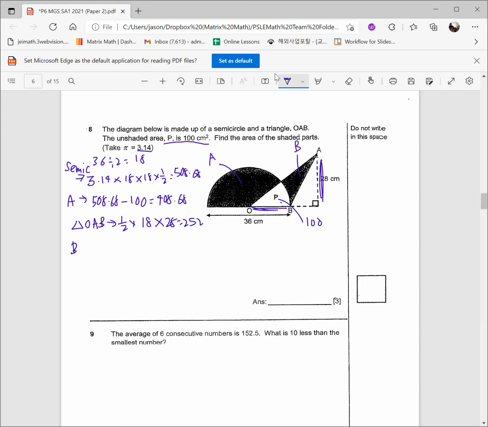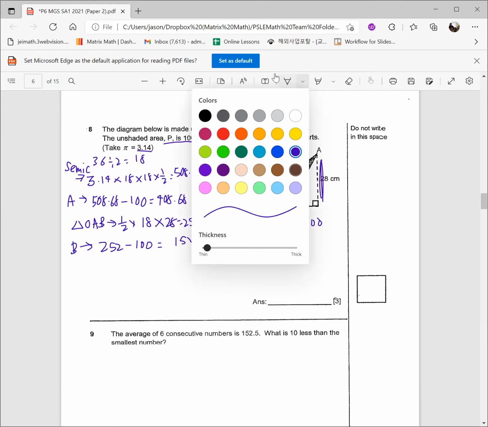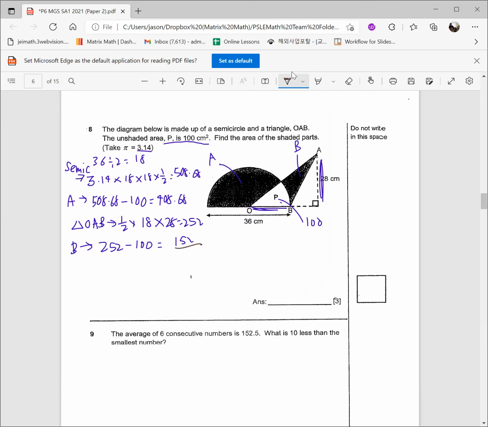So B will be triangle OAB minus the area of P, which is 100. You get 152. Then add them together. Add this number and this number, 408.68 plus 152. You get 560.